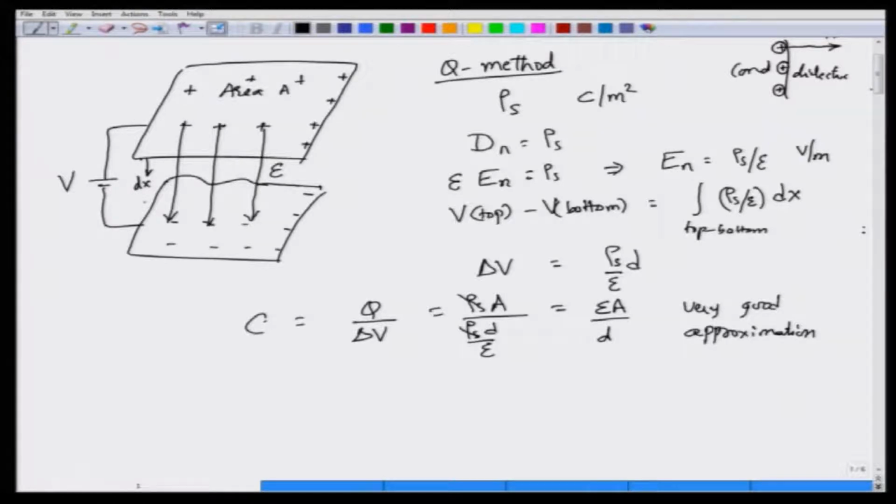So, the field is uniform in the center, no doubt. The field lines start from the top plate and drop down to the bottom plate. This is perfectly all right. However, the charges at the edge have accumulated. So, these charges not only give you the electric field in the downward direction, but there would also be an electric field in the tangential or horizontal direction.